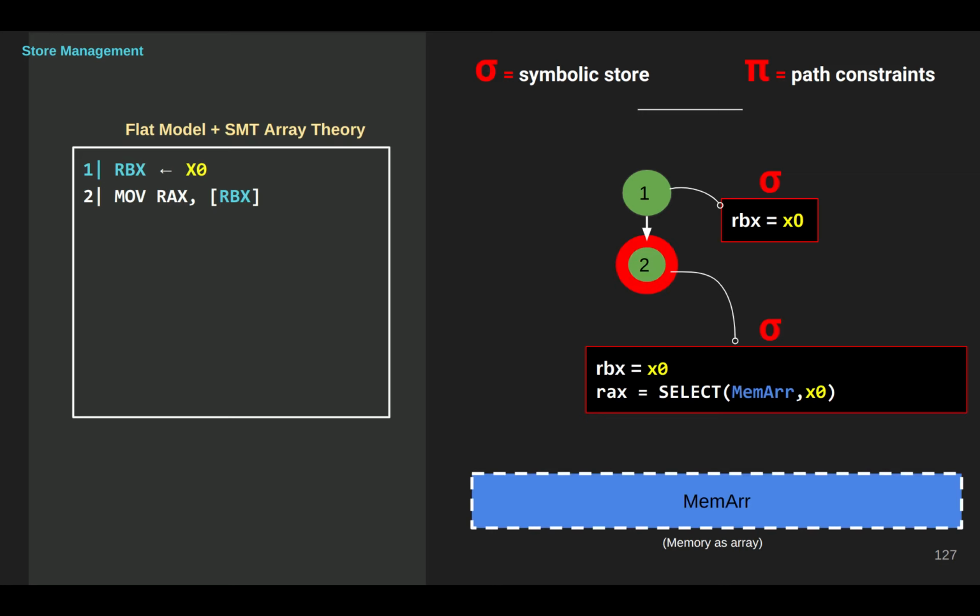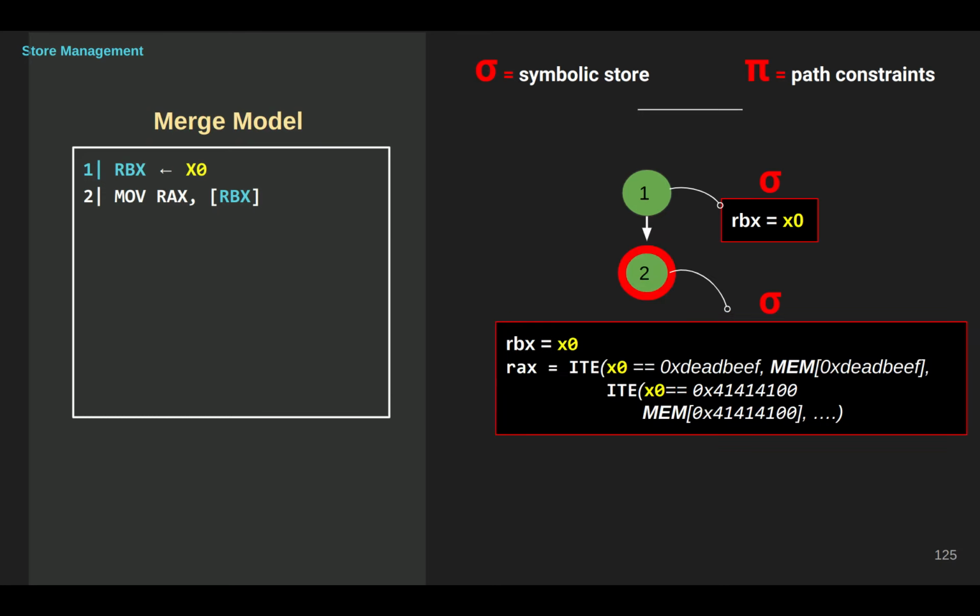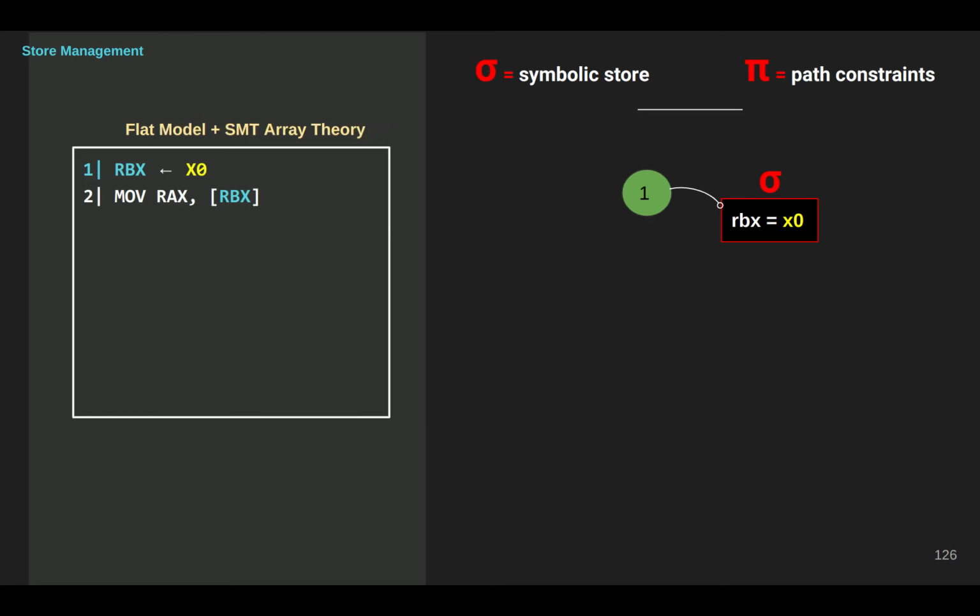Then RBX is a symbolic variable, and REX is the memory array, the whole thing as a symbolic variable, and you select the index. I think this is what angr implements, if I'm not mistaken. The other ones might be faster, but might be less complete, because they're concretizing, so you don't have all the solutions, just some solutions, and you might lose some constraints in that process.